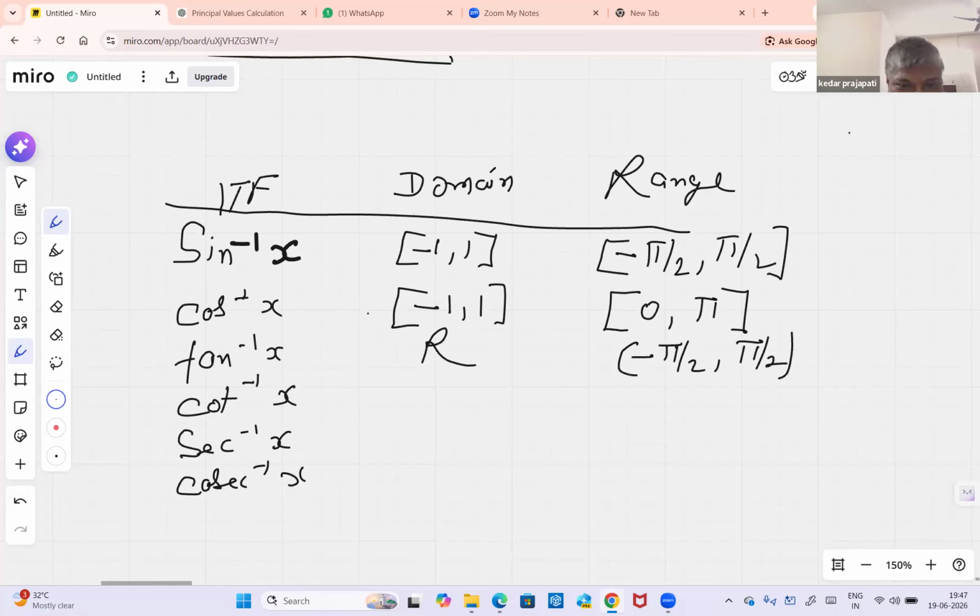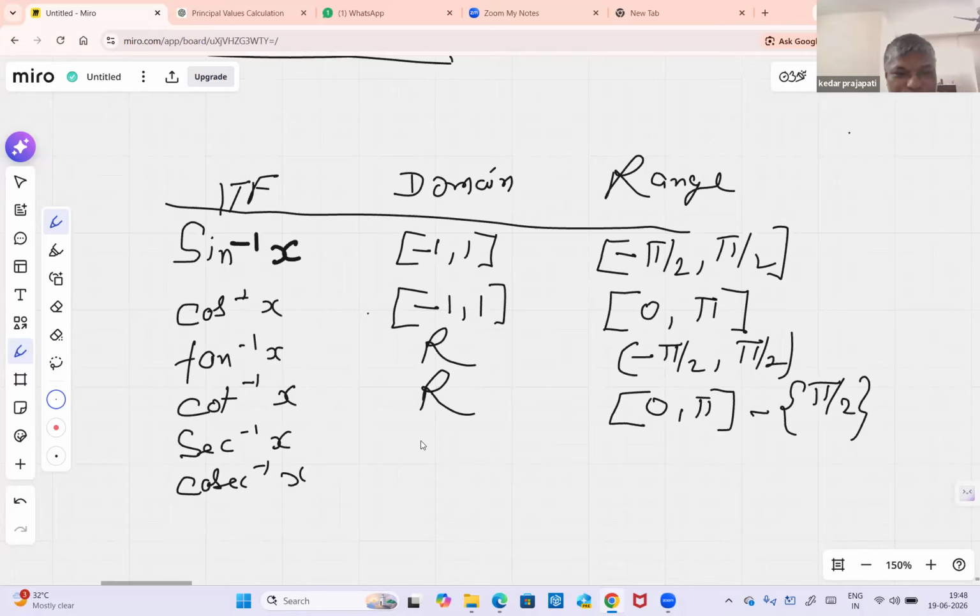Cot inverse x is defined for R, right? Cot inverse x is related to cos, and cot is not defined at 90 degrees, so the range is 0 to pi.